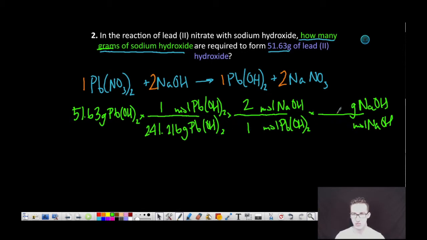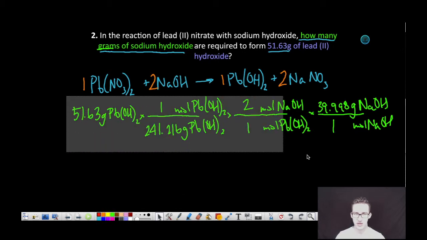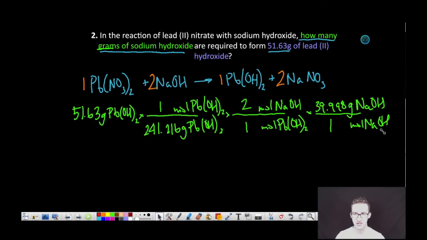And then finally, moles to grams, we have to go to our periodic table. For every 1 mole of sodium hydroxide, we get a mass of 39.998 grams of sodium hydroxide. Okay, at this point, it just becomes a matter of plugging this into your calculator to solve.